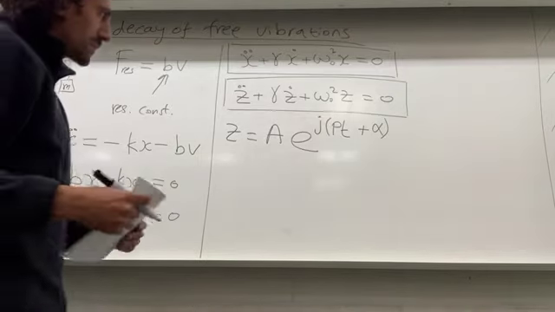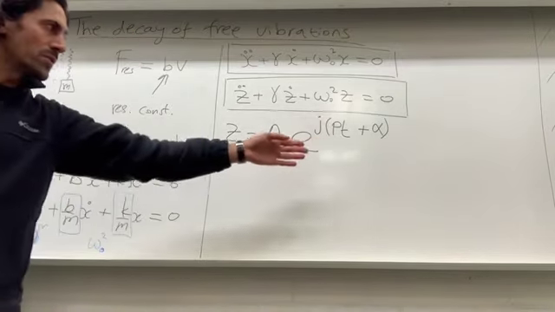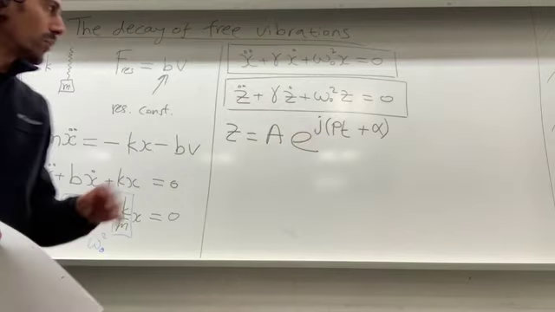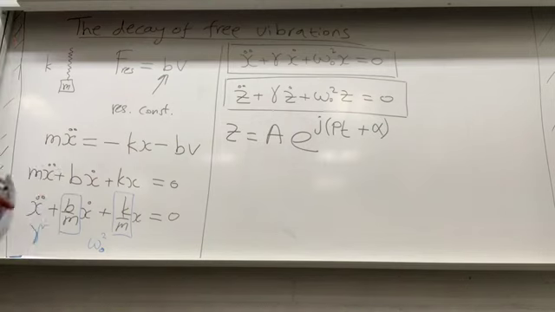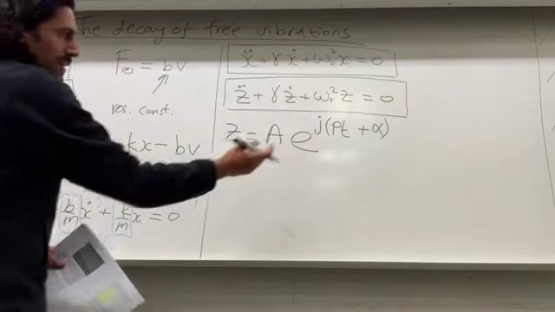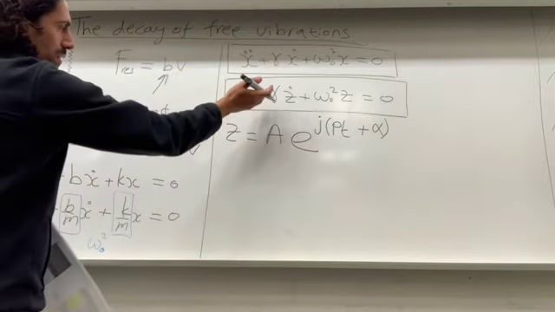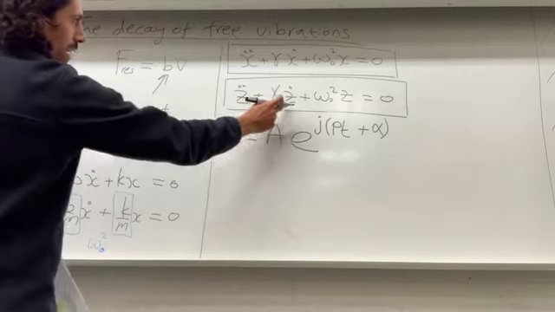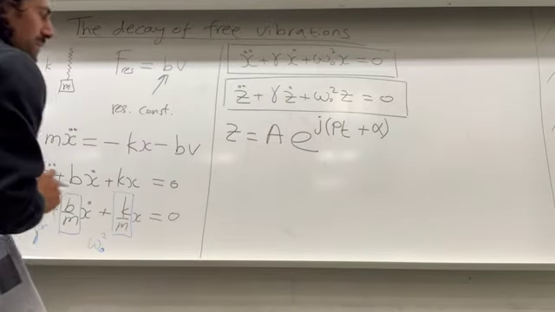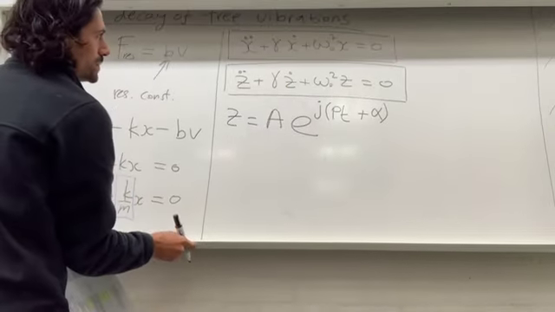Now, why do I assume this solution? I know that this solution worked previously, so I'm hoping that it might work also now. We do the same thing now as before. We substitute this solution into the equation. So we have the second derivative, and we have a first derivative here.